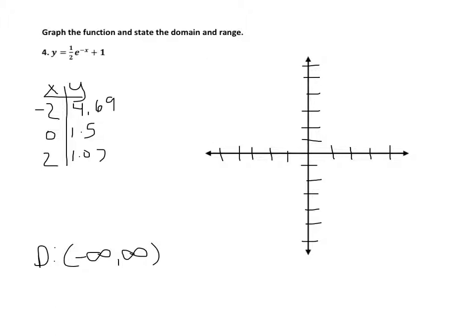So if I look at 0, 1.5, negative 2, and then 1, 2, 3, 4, just above 4.5, and 2, just above 1. So it should look like that.